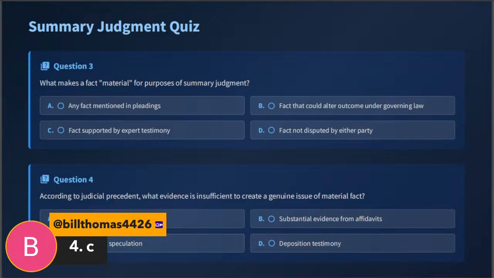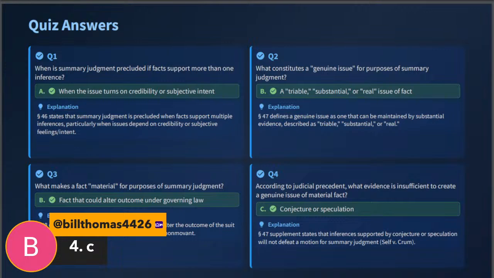Going once, going twice. All right, we're going to move on to the answers now. For question 1, when is summary judgment precluded if facts support more than one inference? A, when the issue turns on credibility or subjective intent.